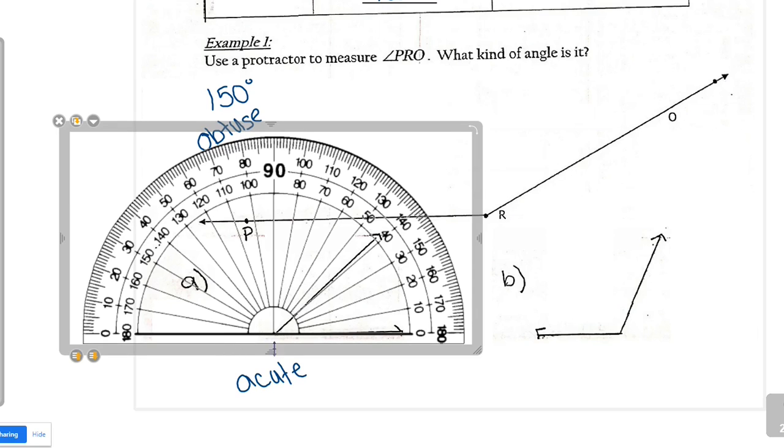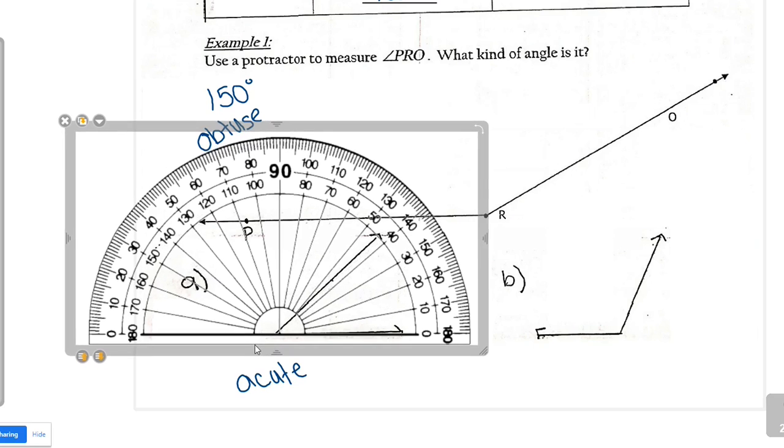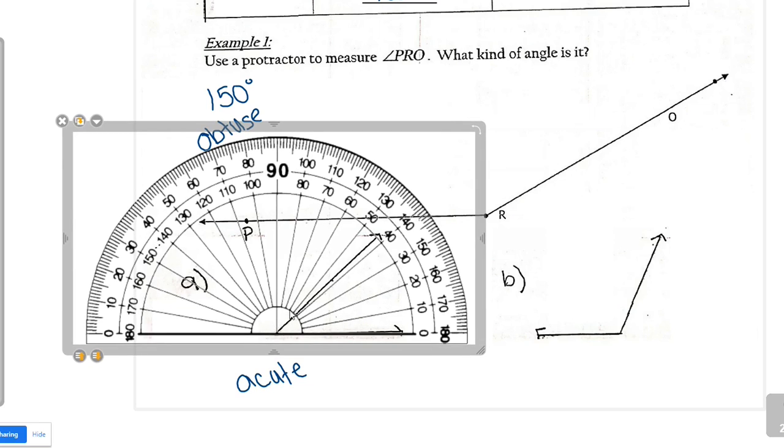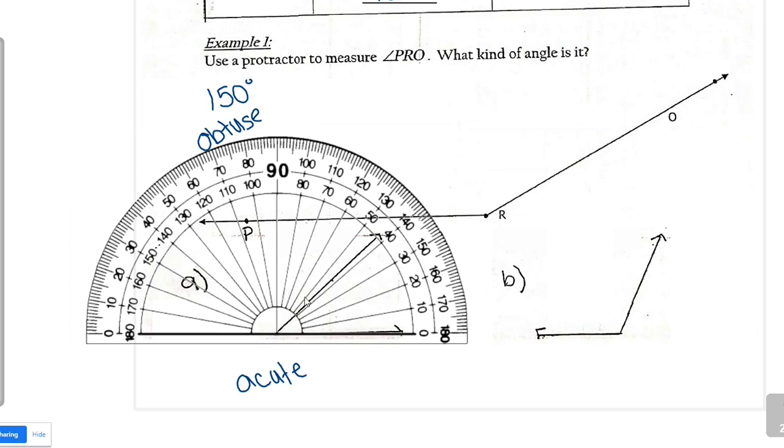Get as close as you can. It's a lot easier when you have it on paper and you can see it. This line here comes all the way out. We're starting here on the right and measuring our angle to our second line. We start at 0, so we're going to use these inner numbers.